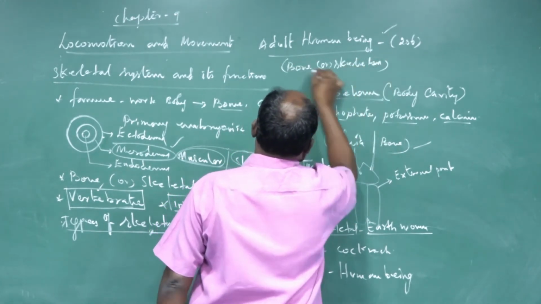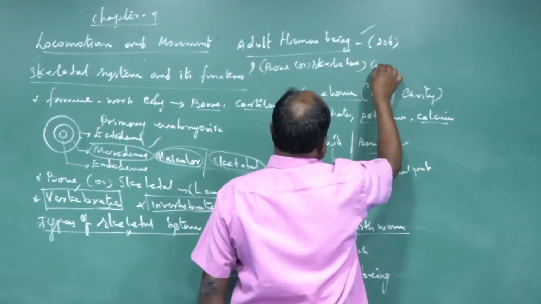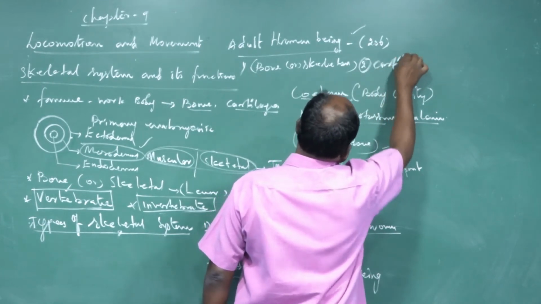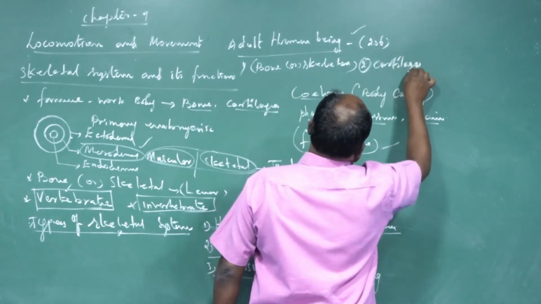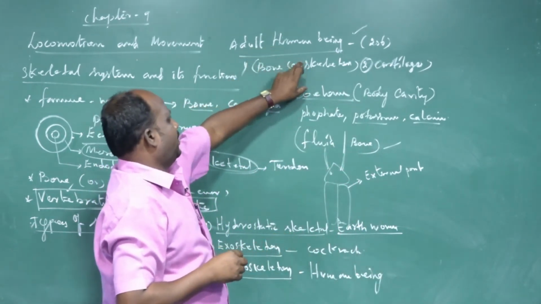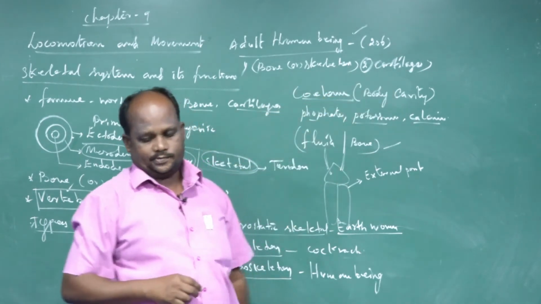That name is bone or skeleton. It's one category. The second one is cartilages.